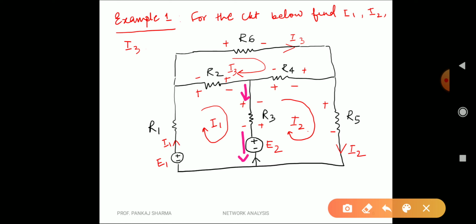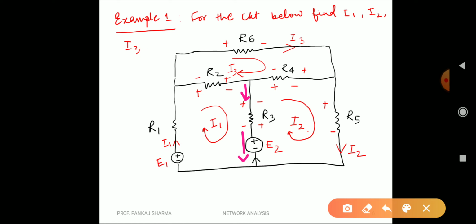There is no use of capacitor and inductor in DC circuit. We'll see this in AC circuits, the combination of R plus C plus L. The same sign convention rule is applicable to mesh number 2 or mesh number 3.